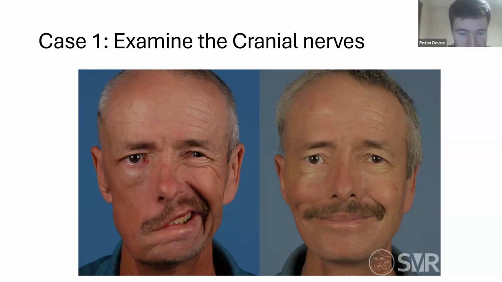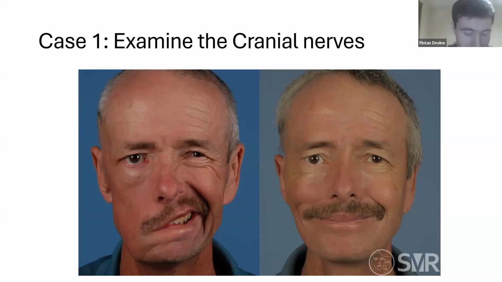Then on examining his visual fields, is there any obvious visual field deficit? No. And is his vision normal or is there any loss of vision? Visual acuity is normal.